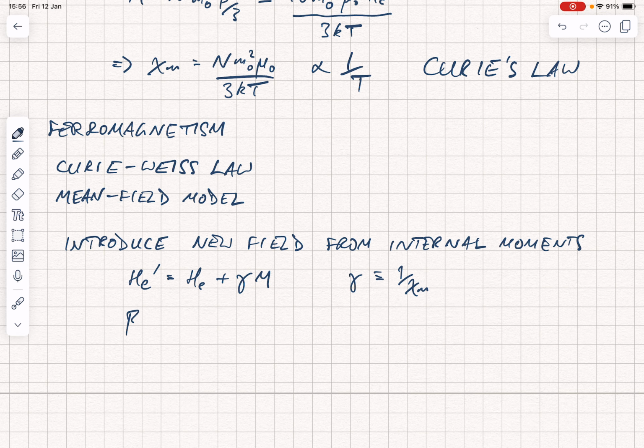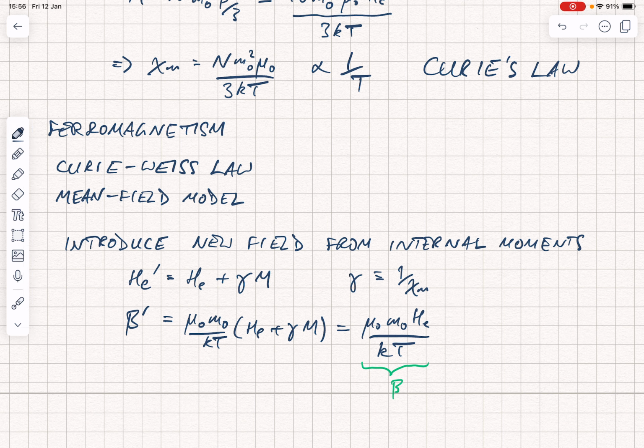Now, if we do that, then we're going to substitute for beta, and we say that beta prime is equal to mu naught m naught over kT, sorry, not 3kT, just kT. We're going to get the 3 later. Into HE plus gamma M, which we can then write as mu naught m naught HE over kT, which of course is the original beta multiplied by 1 plus gamma M over HE.